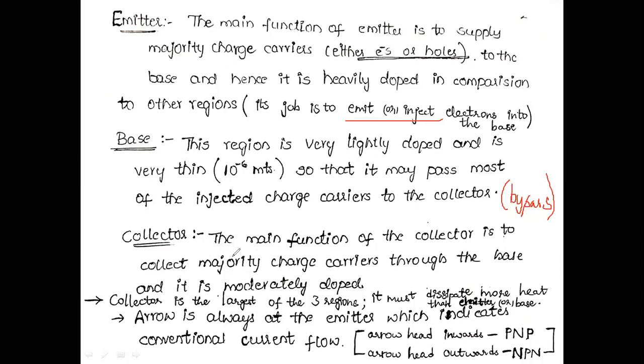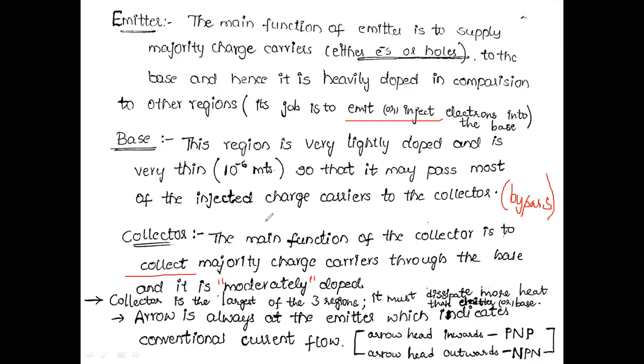And the collector. The main function of the collector is to collect the majority charge carriers through the base, and it is moderately doped. The doping level is different and the width of the layers is different.